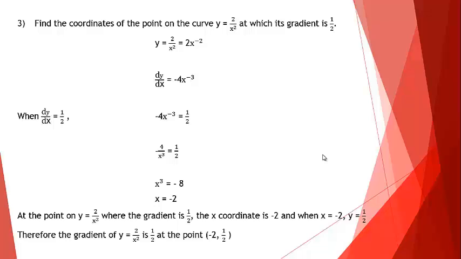So we need to find the cube root of -8, which is -2. So x equals -2. At the point on y equals 2 over x squared where the gradient is 1 half, the x coordinate is -2, and when x equals -2, y equals 1 half. Therefore, the gradient of y equals 2 over x squared is 1 half at the point -2, 1 half.